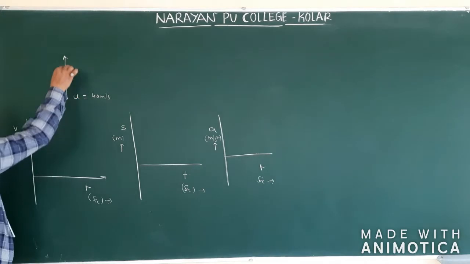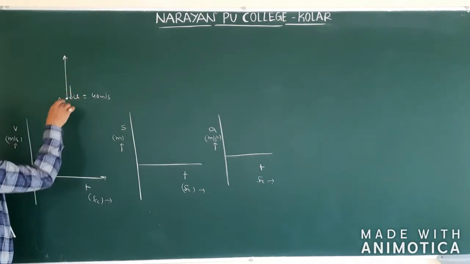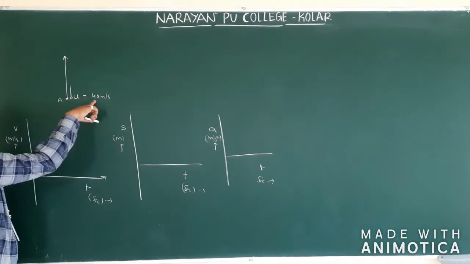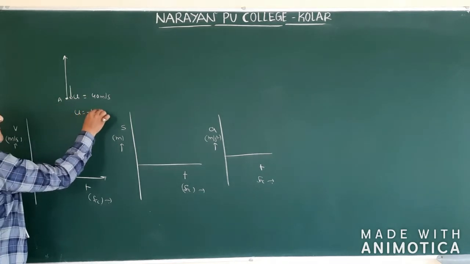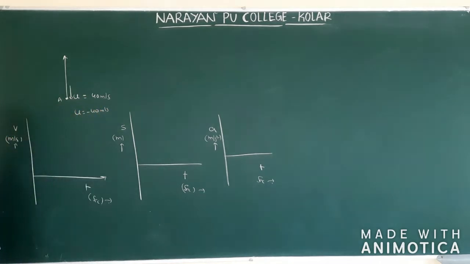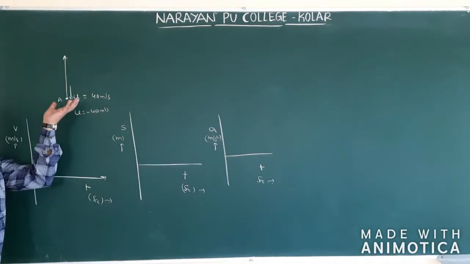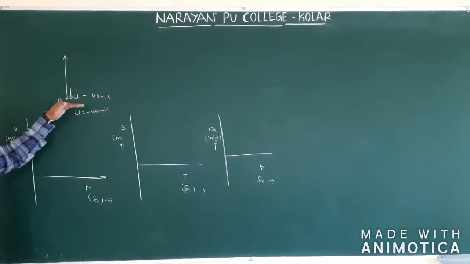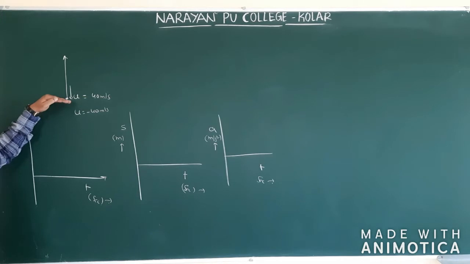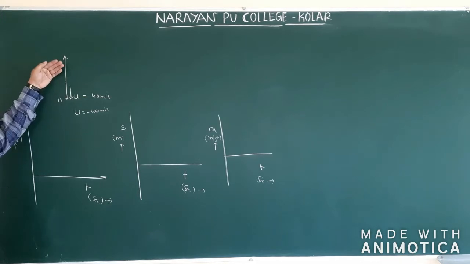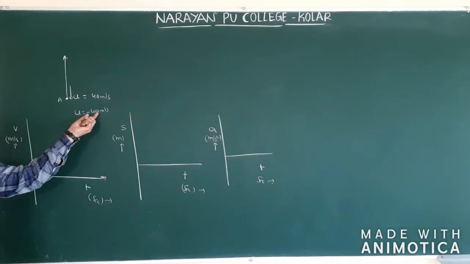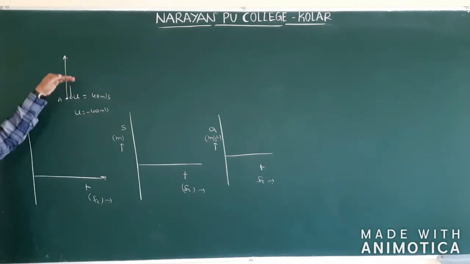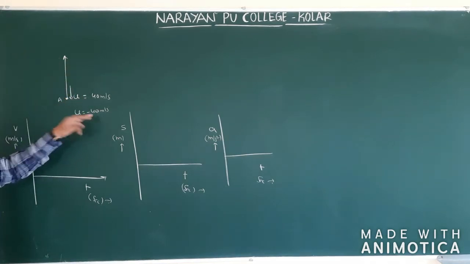Whenever it is coming downwards to the same point, the velocity is again the same but downwards, so it is minus 40 meter per second. The initial velocity in the upward direction is positive; the final velocity when it reaches the same point downwards is negative. Therefore, it will become minus 40.